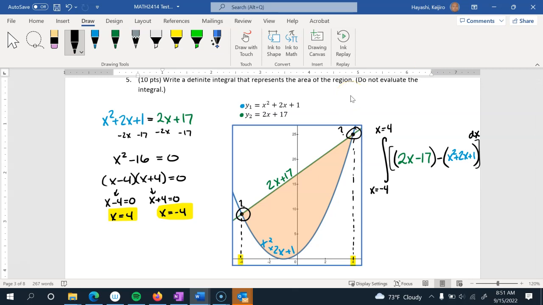And you can simplify this if you want. Even this is fine. If you did simplify it, it would be, what, 2x minus 2x, so nothing.